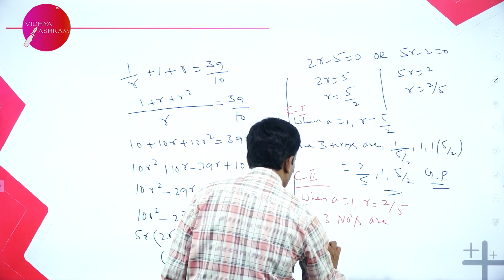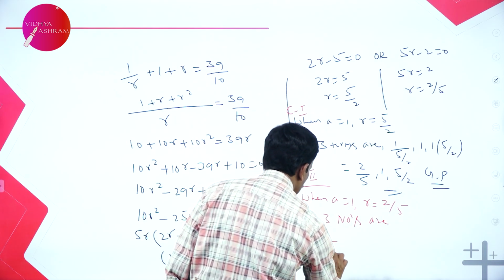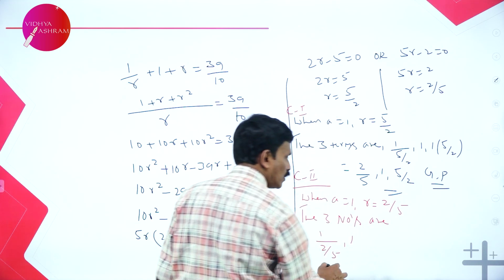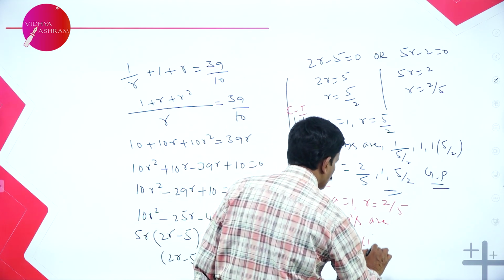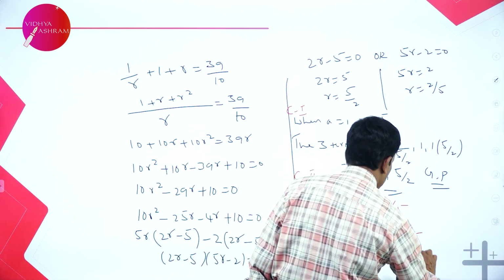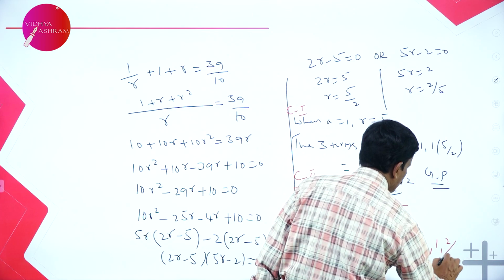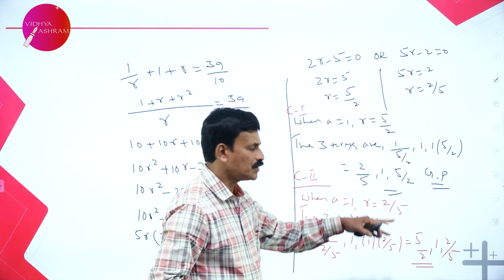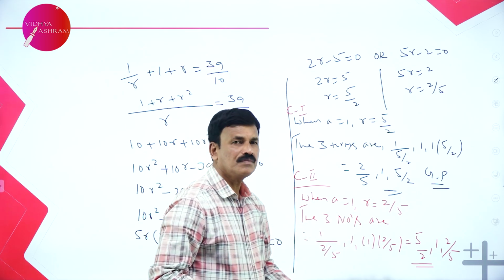A by r, 1 divided by 2 by 5, 1, 1 into 2 by 5. So that's equal to 5 by 2, comma, 1, comma, 2 by 5. So here it is 2 by 5, 1 and 5 by 2; it is 5 by 2, 1 and 2 by 5 in the reverse order.